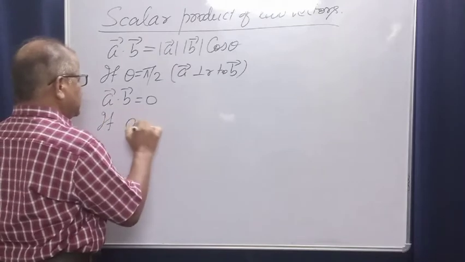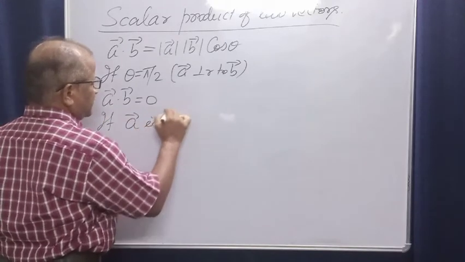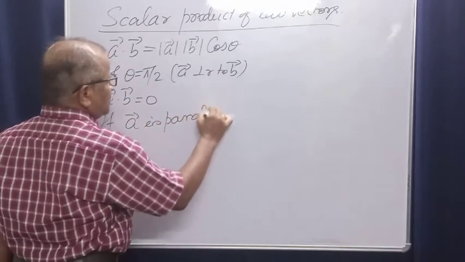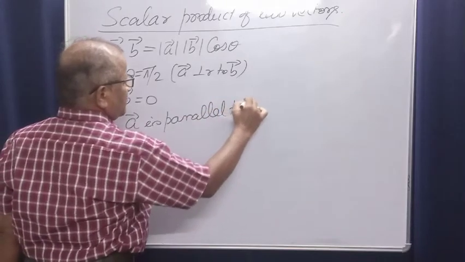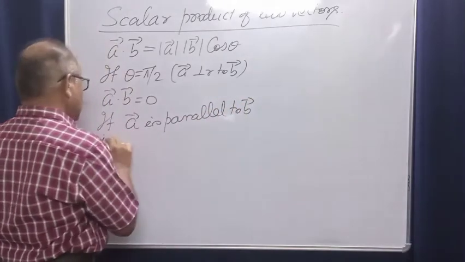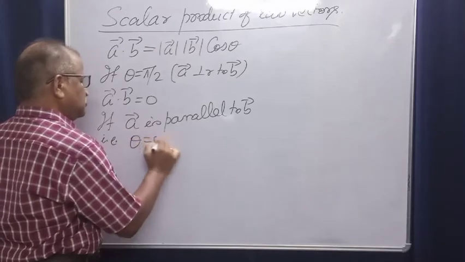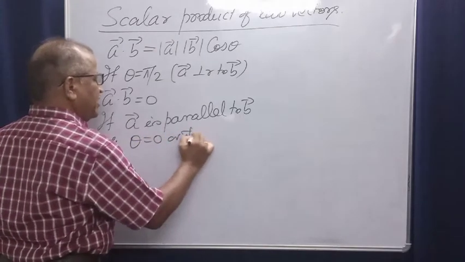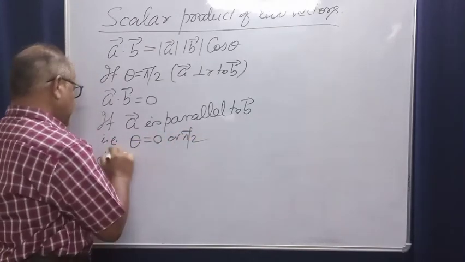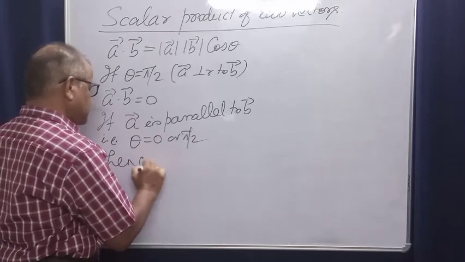If A is parallel to B, that means theta is equal to 0 or pi, then A dot B will be what?